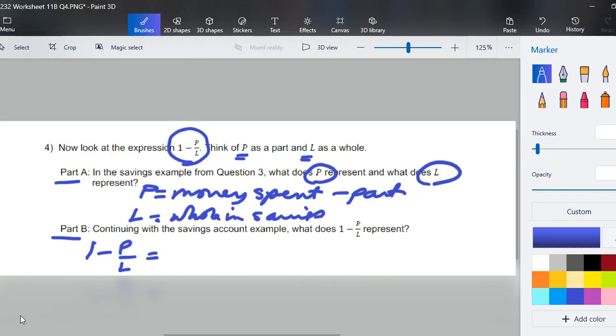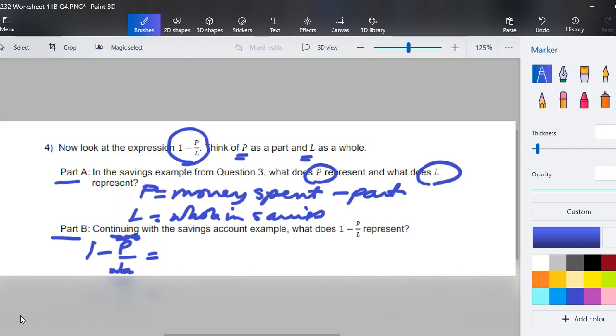Well, early in the example, I took my $300, or I'm sorry, let me go back and look at the numbers. It was $750 out of the $3,000. And once I had that fraction, then I could subtract it from a whole, as a decimal or a percentage. I could do it from 100%.